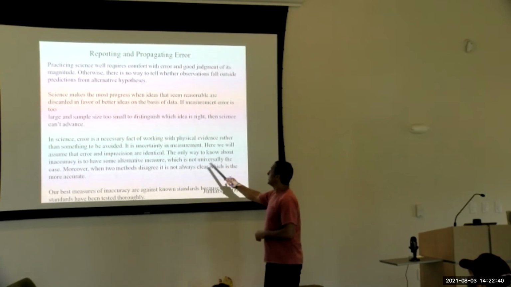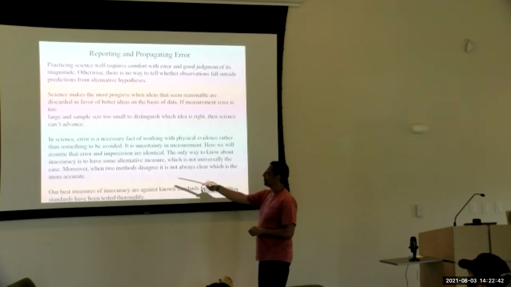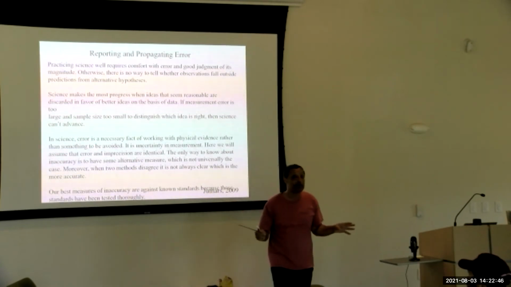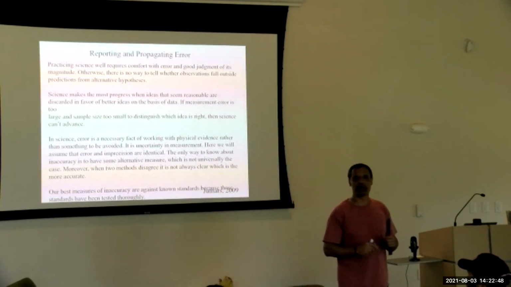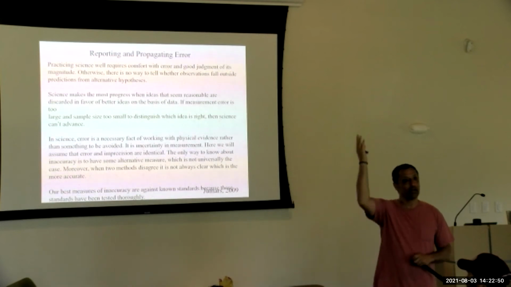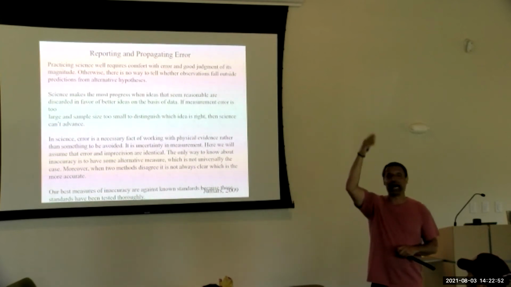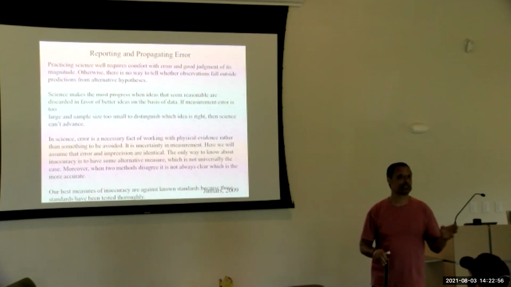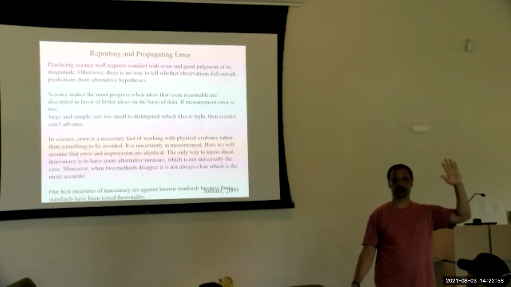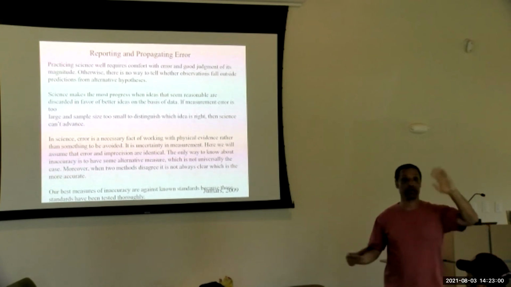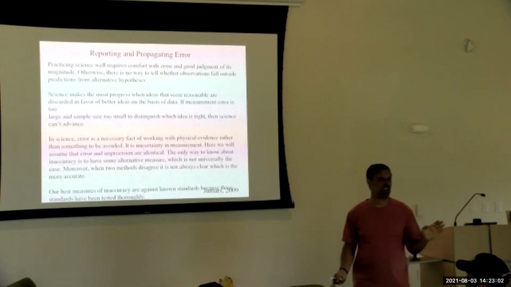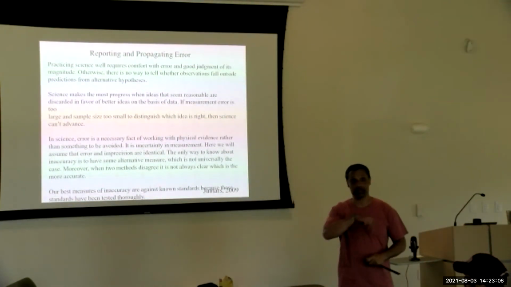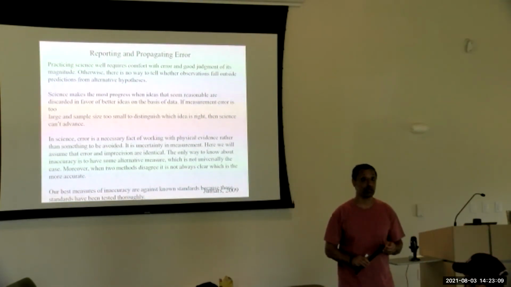The only way, which is not universally the case. Moreover, if the two methods disagree, it is not always clear which is the more accurate. So we recently compared, for example, Calliope, which is a LiDAR backscattering, with backscattering from MODIS. They disagree by 30%, 15%. We don't know which one is right. One is an inversion, like the GIOP version, very similar to the Collins one.